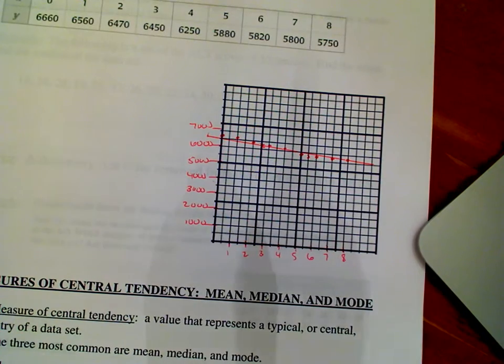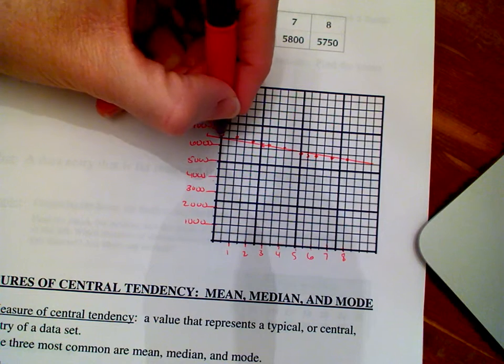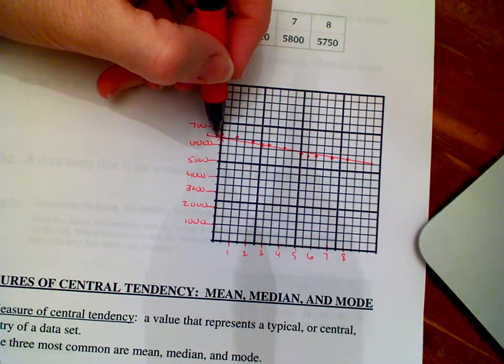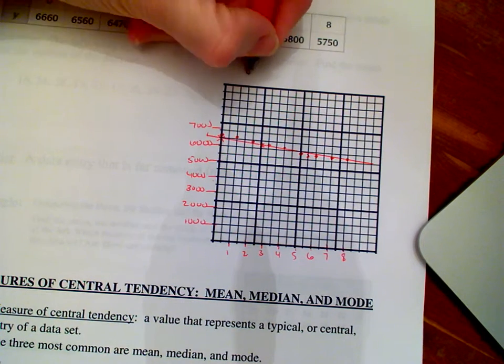Okay? And what we're going to do is we're going to write an equation for that line, okay? But the first thing I need to do is find 2 points where it's really easy for me to get the ordered pair. All right, so just looking along the line, mine seems to cross really nice right here. That is the point 0, 6,500.